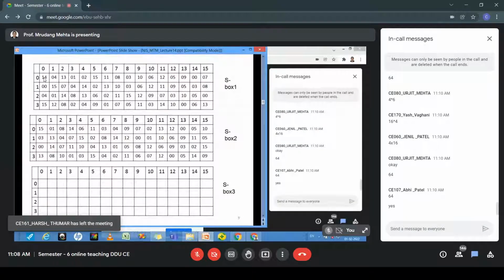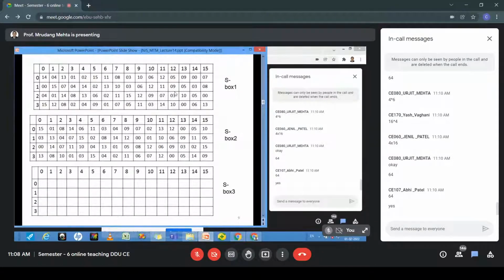If you look at these values, they are from 0 to 15. See, 14, 4, 13, 1, 2, 15, 11, 8, 3, 10, 6, 12, 5, 9, 0, 7. All these values are in the range of 0 to 15.